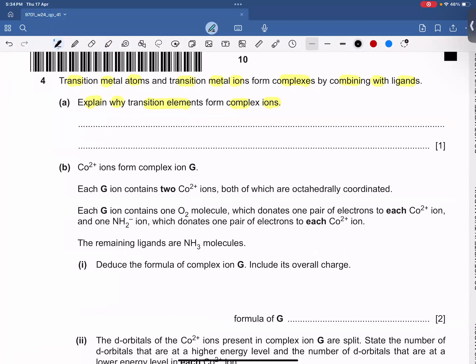Because empty orbitals are available. Those empty orbitals are available.